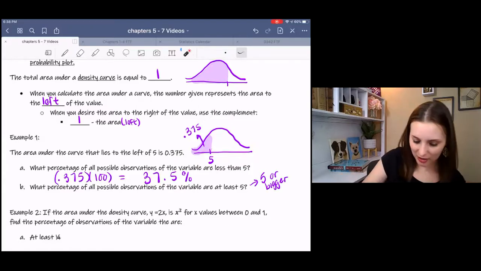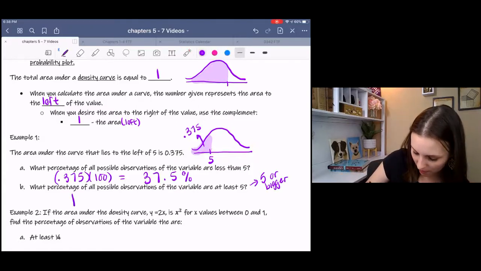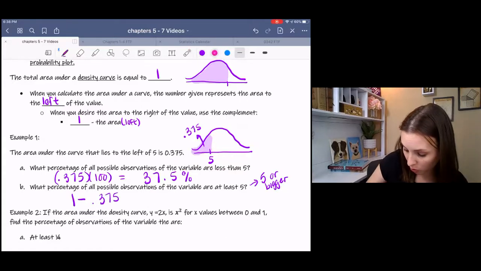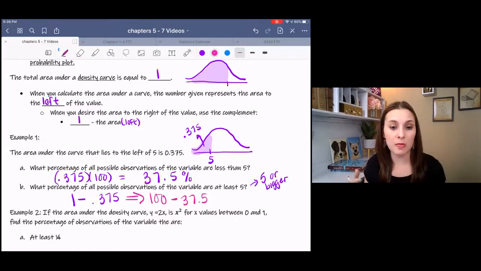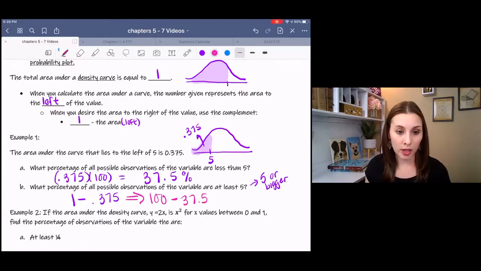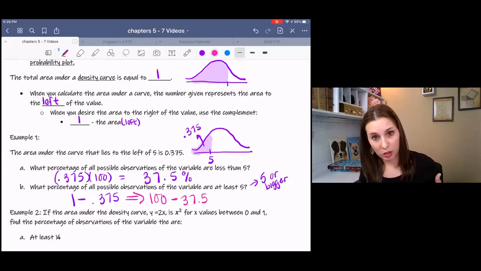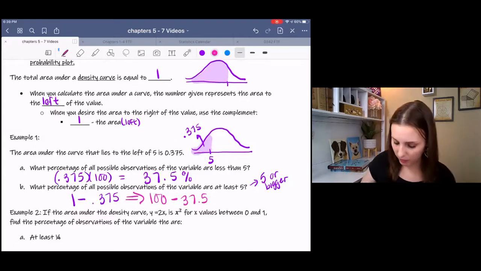You guessed it, subtract. 1 minus 0.375, or you can do, since we're talking about percent, 100% minus 37.5%. Those are really the same thing. In one case, you would get 0.625. In the other case, you get 62.5, and they're the same as long as you convert them to percentages.